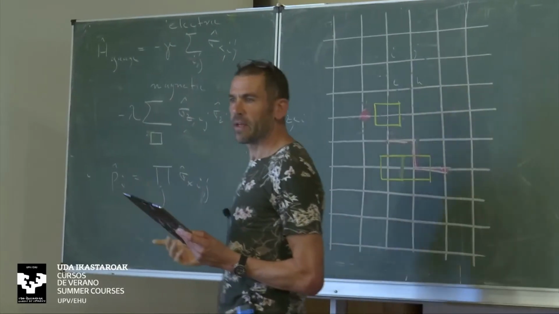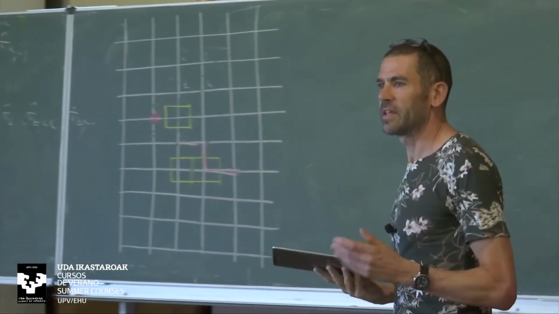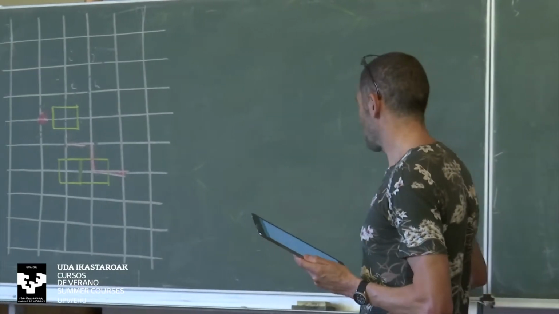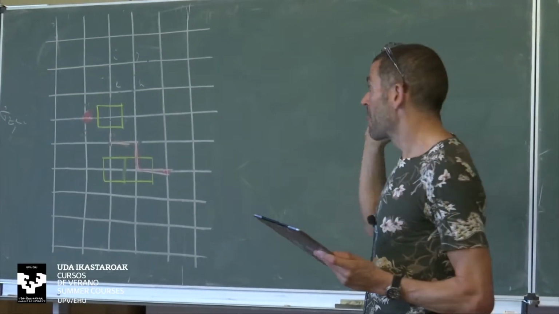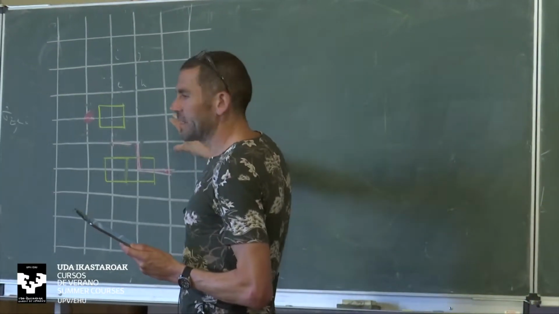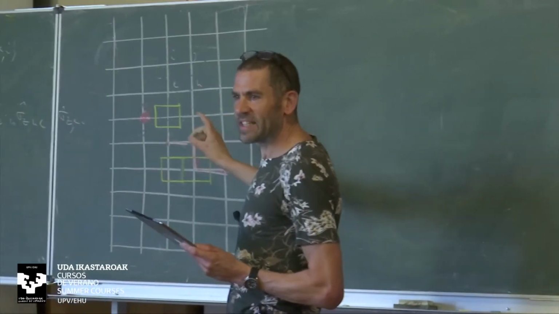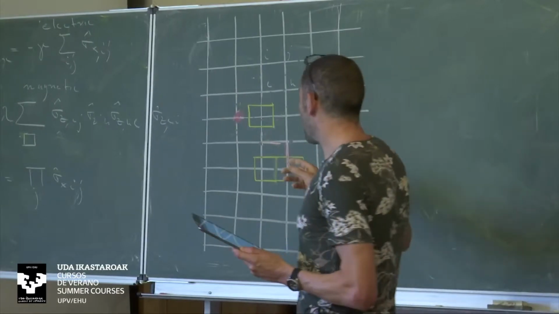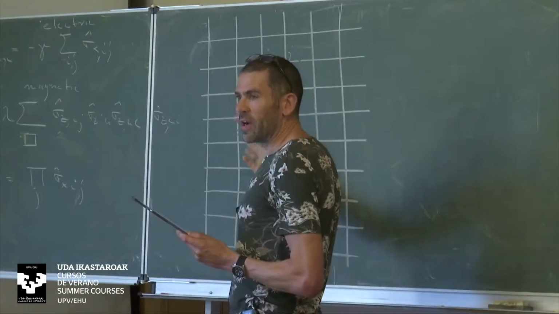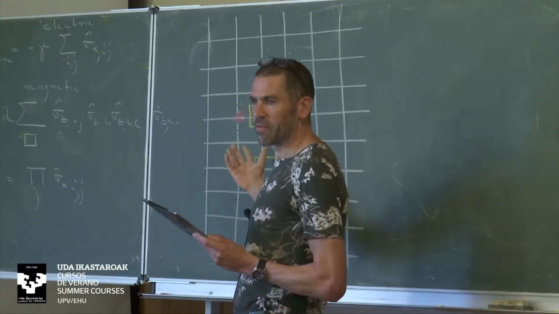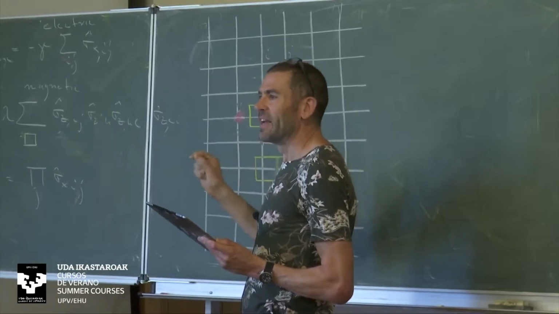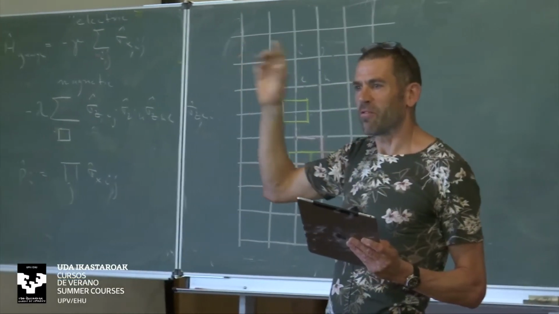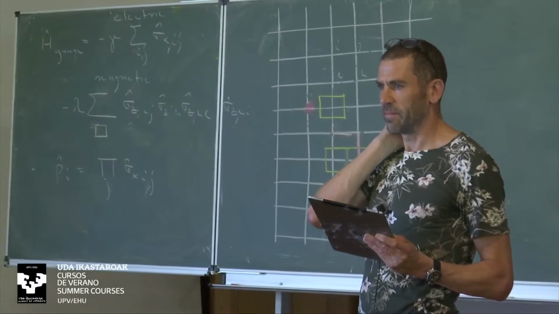So if you do the counting, and you find that worked out in Kitaev paper 2003, I can give you the reference, you will actually find that there is a degeneracy. So you have lesser constraints fixing the ground state than you have degrees of freedom. And the degeneracy is determined by the Euler characteristic of the manifold on which you're working. So it essentially goes like 2 to the number of holes you have in your system.